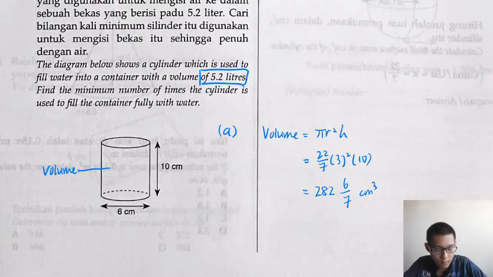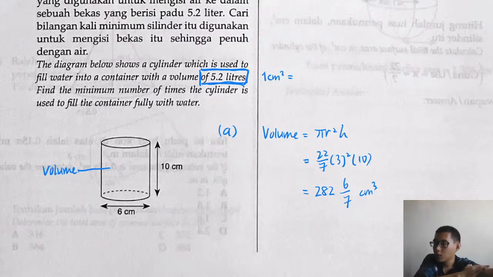And then we know that 1 cm cube is equal to how much? 1 cm cube is equal to 1 milliliter. That means we need to convert.